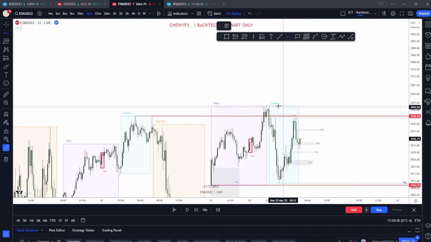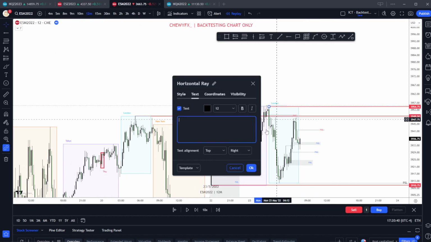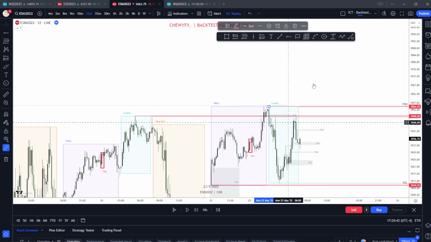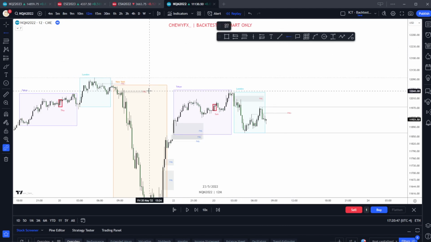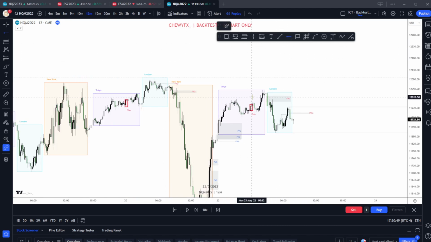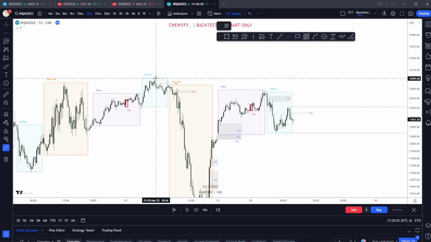So this kind of looks like a very strong sell, at least to this low at the minimum. But before I even look for an entry, I must see this previous session high get swept first, and then I'm comfortable looking for a sell. And it kind of looks like a little different of a story actually for Nasdaq.